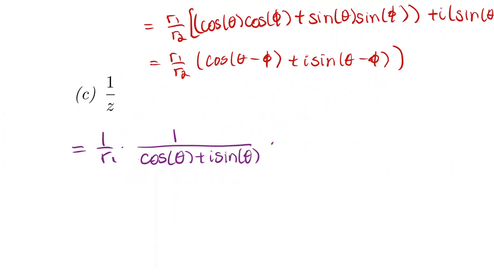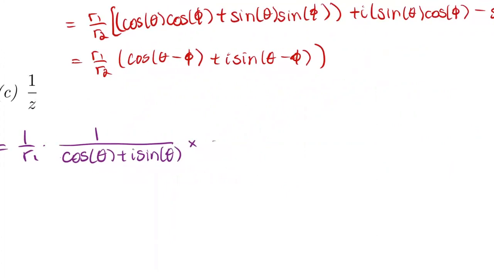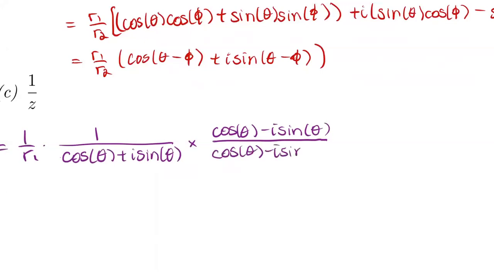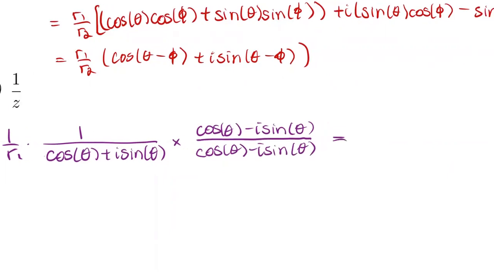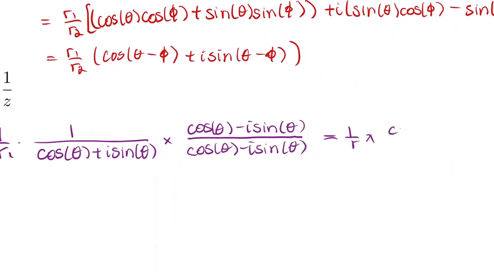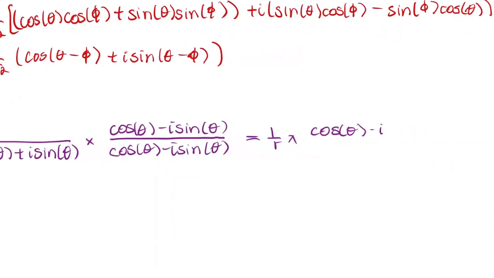So once again, I'm going to multiply it by the conjugate, that being cos theta minus i sine theta. So once again, in the denominator, we still have the 1 over r, multiplied by the cos theta minus i sine theta.